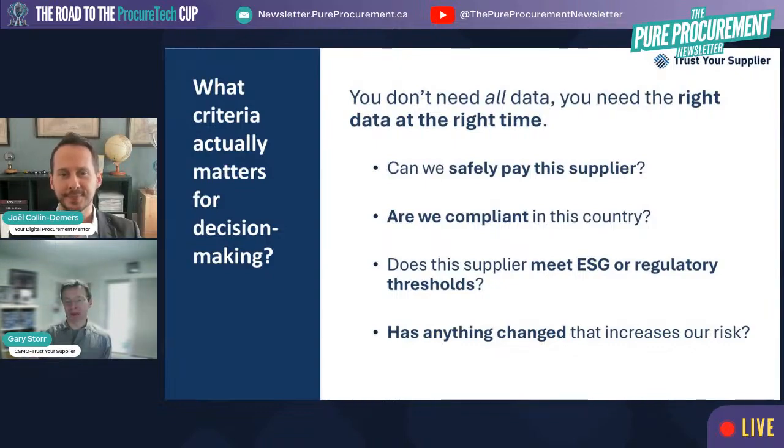It's amazing, especially in Europe, I think, more than anywhere else. And then what else has changed that increases our risk and makes us look at the supplier based on those characteristics? What data do I need to look at? Do I have that data? If I don't have it, how do I go get it? And is it reputable? All of those things are really important as you drive decisions.